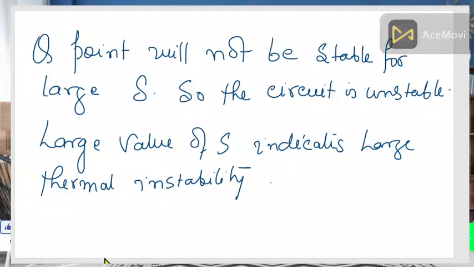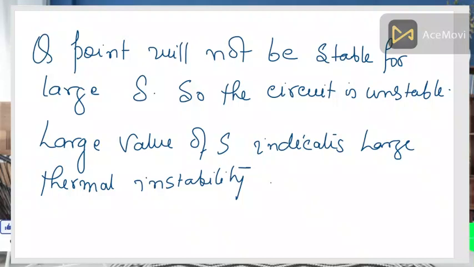That is why sometimes this stability factor is better called the instability factor, but that term is not used. We use the term stability factor, as mentioned in almost all of the textbooks, so you have to define it as stability factor.